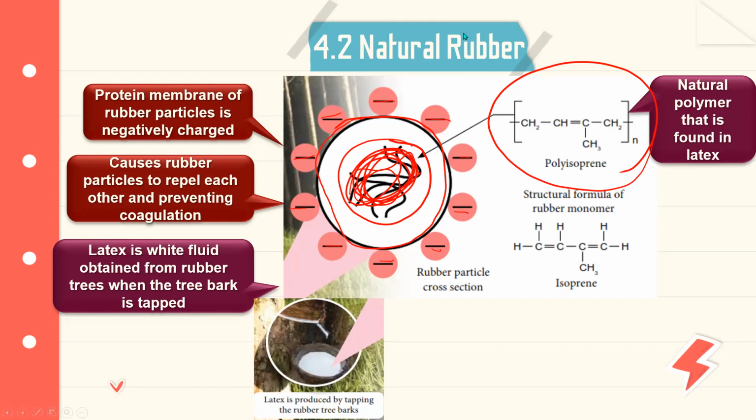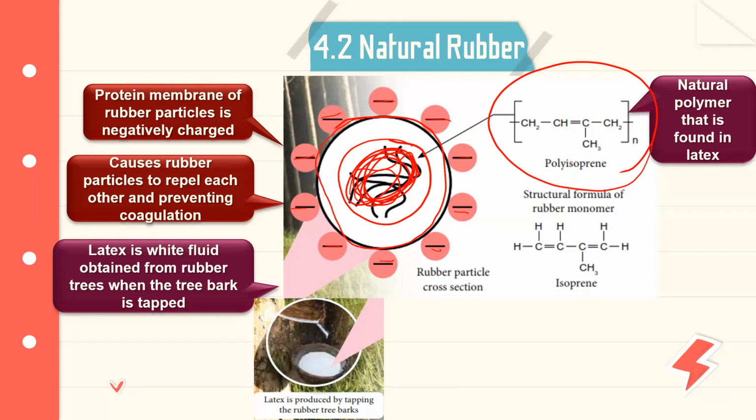Why do you think that when you're tapping the rubber, it's liquid and it doesn't solidify at all? Because it has a protective membrane around it? Wrong. You could try. The answer is right in front of you, staring right in front of you. Negatively charged.